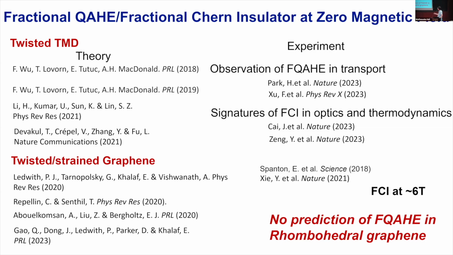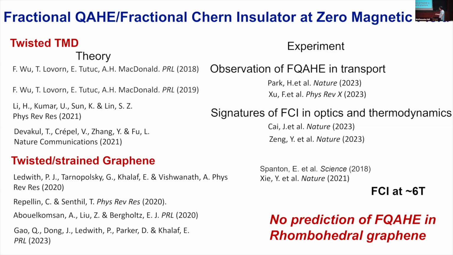And now you know that in twisted TMD, twisted MoTe2, it worked out, right? There's twisted MoTe2 by Xiaodong Xu's group. They observe fractionally quantized Rxy for 2/3 and 3/5.